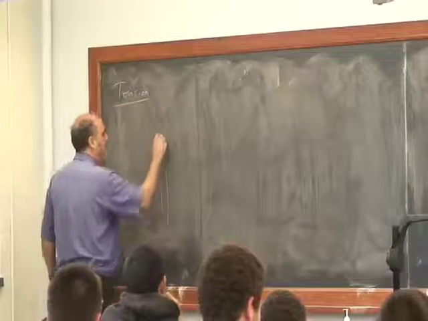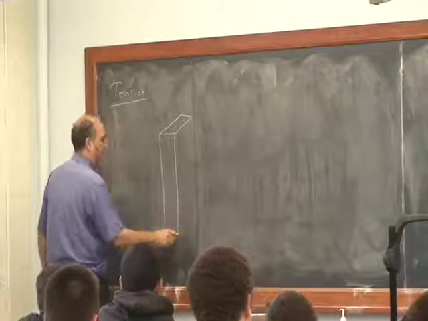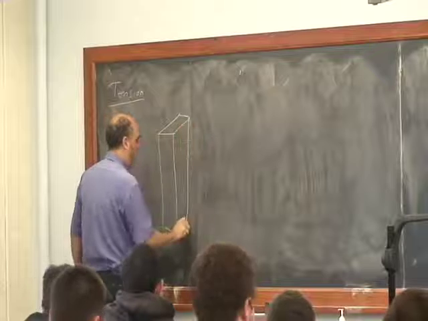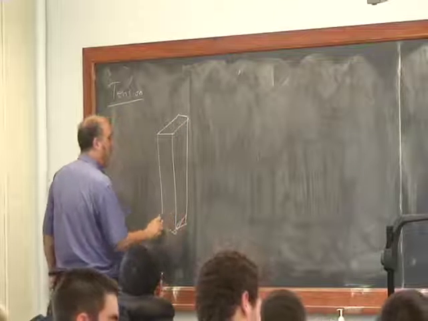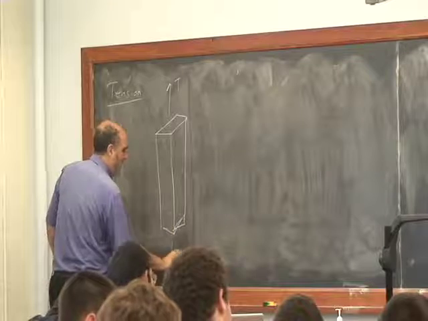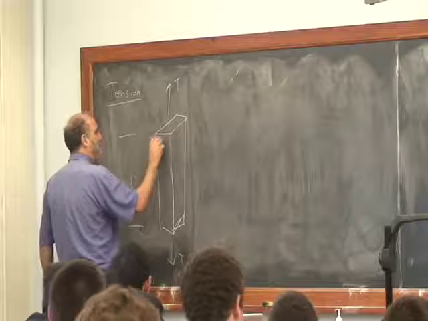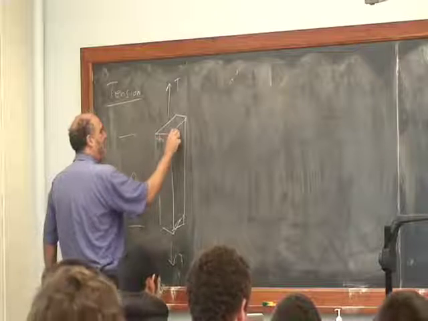Okay, so we had this demo in class last time where we talked about a popsicle stick like this that we pull with some tension at the two ends. This popsicle stick has some length. It has some, I'll call this height, and I'll call this width.